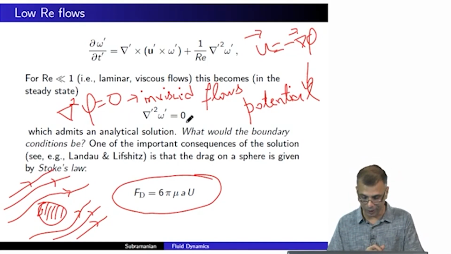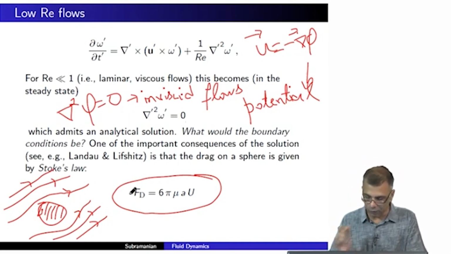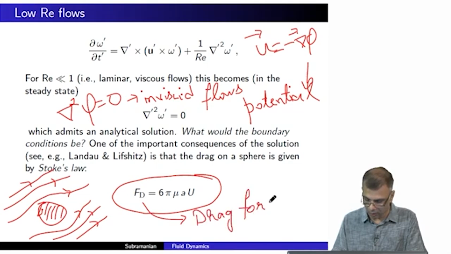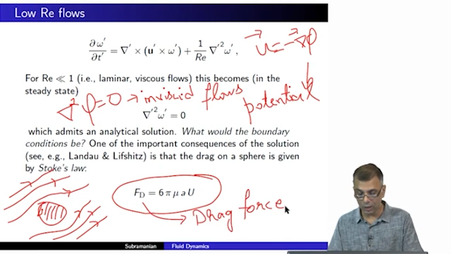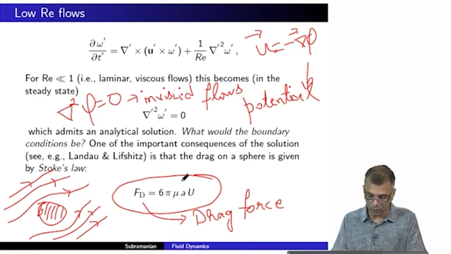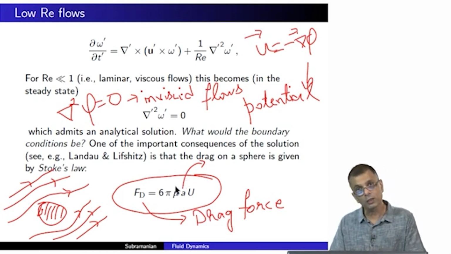And when we solve this equation with the appropriate boundary conditions, it can be shown that there is a finite drag, as would be expected. The drag force is proportional to the radius of the sphere and the first power of the velocity, and also to the viscosity coefficient.